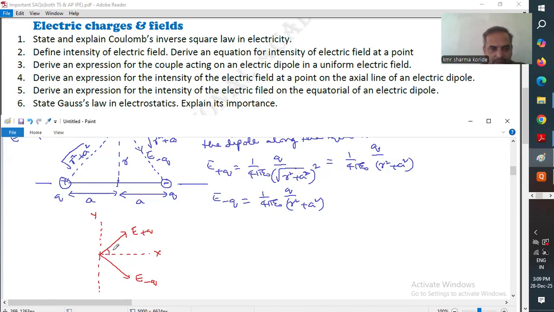So if you give theta here, using the resolution concept, you can write this as E plus Q sine theta. So this is the component of electric field due to the positive charge. If you give theta here, there will be a component of the field due to the negative charge. This is E minus Q sine theta.